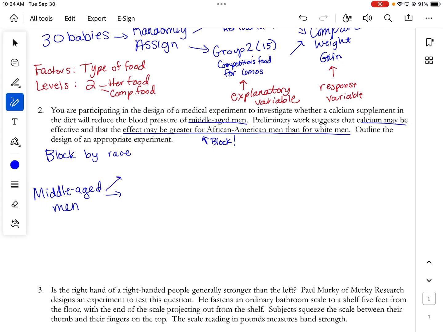And before we even randomize, we need to block by race. So we would split it up: African American men, white men. So you do that before you randomly assign.